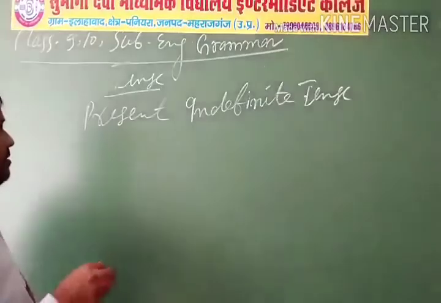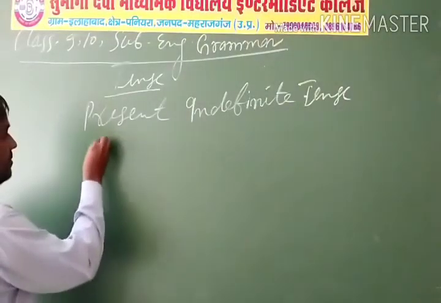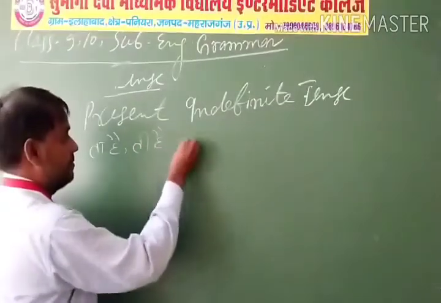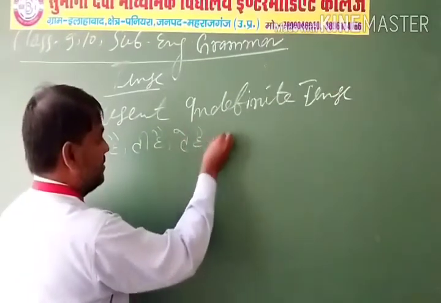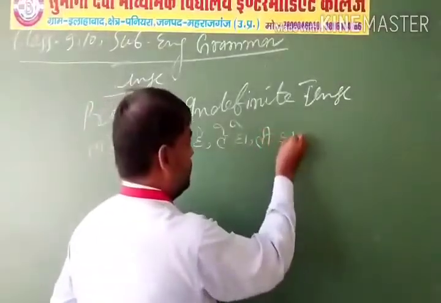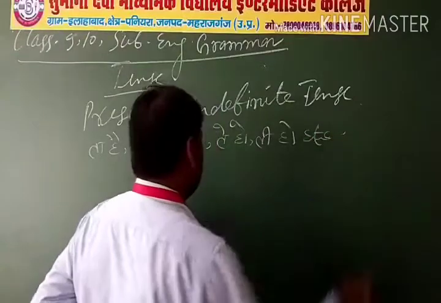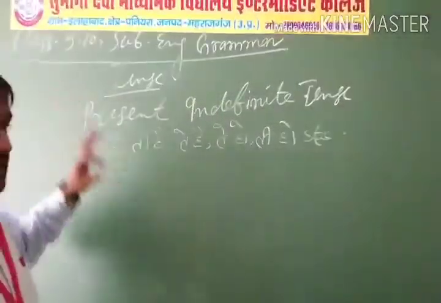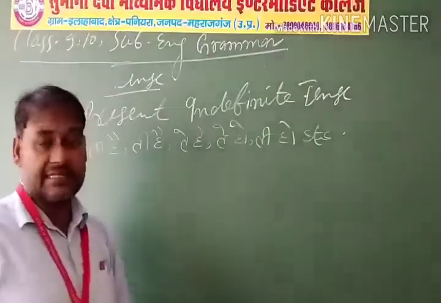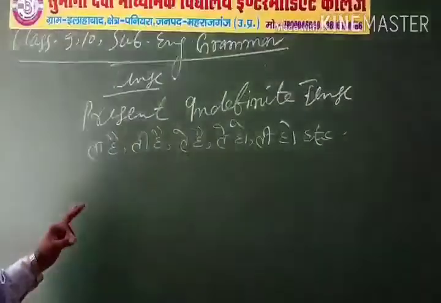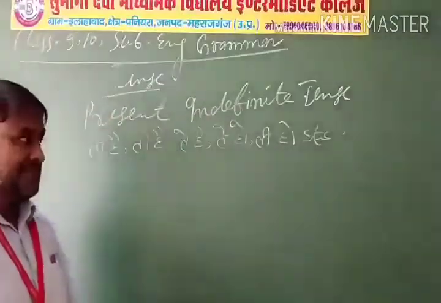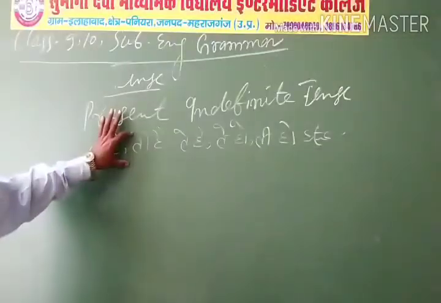In Hindi, at the end of the sentence: ता है, ती है, ते हैं, ते हो, ती हो, etc. If we find at the end of a Hindi sentence ता है, ती है, ते हैं, ते हो, ती हो, etc., then that sentence will definitely be in present indefinite. So this is the symbol of a present indefinite sentence.